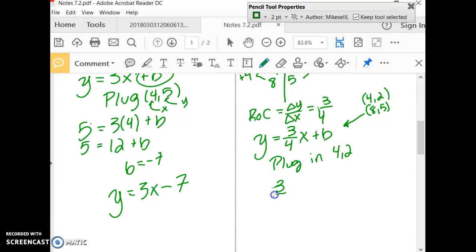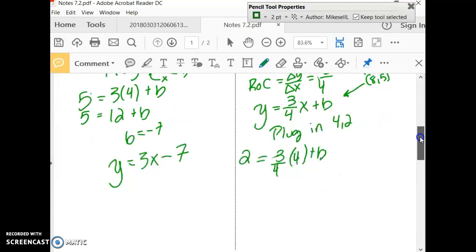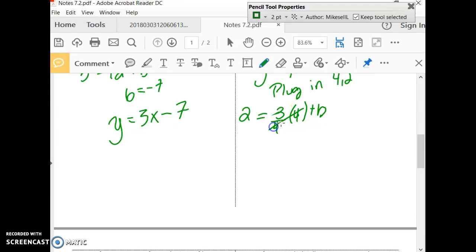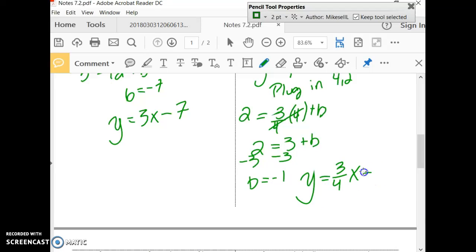So I get 3 over 4 times 4 plus b, because I did my x value first, is equal to 2. When I do this algebra, the 4's cancel out, so I get 2 is equal to 3 plus b. I can subtract the 3 from both sides, so b is equal to negative 1. So when I write that linear equation, y is equal to 3 over 4 x minus 1.